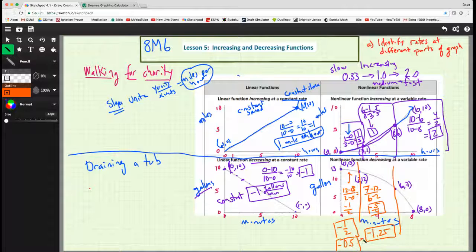We'll do it all in decimal. And then on the third part, we have, well, 0 minus 7 over 8 minus 6. That's equal to negative 7 over 2. So that's negative 3.5. Okay, and what are our units? Our units are gallons per minute.